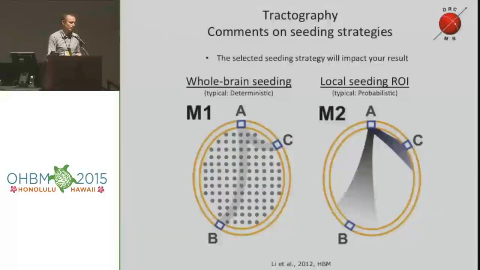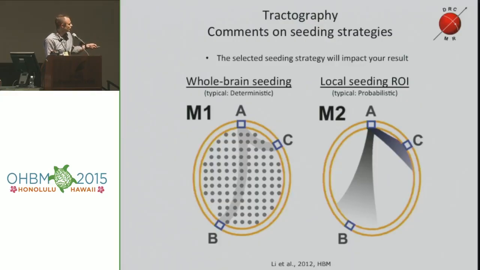So, I want to make a general comment on seeding strategies. There are different ways of doing seeding, as I've been told today. One could be that you seed in each voxel, and then you can filter your tracking. That will not really be much affected by path length dependency.